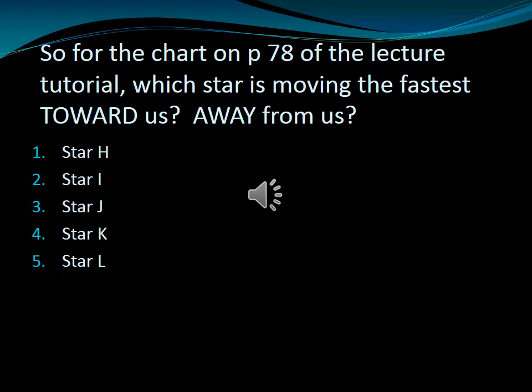And if something has a wavelength that is way, way off from 656 nanometers, and it's a smaller number than 656, then it's moving fast towards you. And all of that stuff that I just said in the opposite sense will give you the redshifts and the things that are moving away from you. So look at those stars and figure out which one is moving the fastest towards us and which one is moving the fastest away from us.